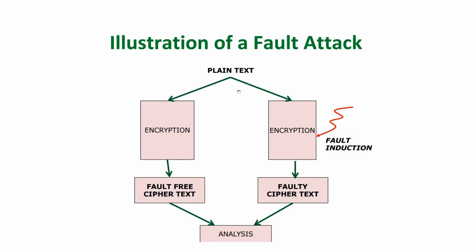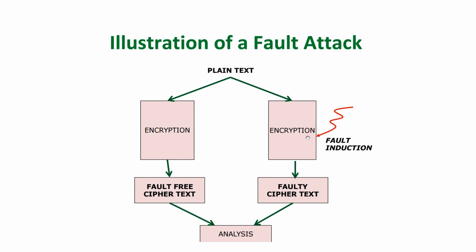Next, the attacker sends the same message, the same plain text, through the same encryption algorithm in the device, but this time, as the device is encrypting that particular message, the attacker would induce a fault in the execution.